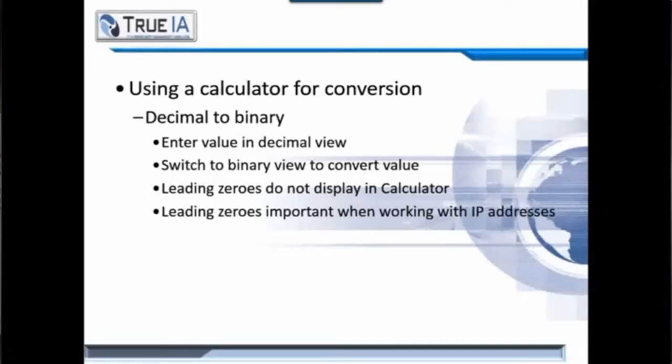A simple calculator will help you out. Simply enter the value in a decimal view, then switch to the binary view to convert the value. The leading zeros don't display on your calculator. However, the leading zeros are important when working with IP addresses. Remember, 1 is on and 0 is off.